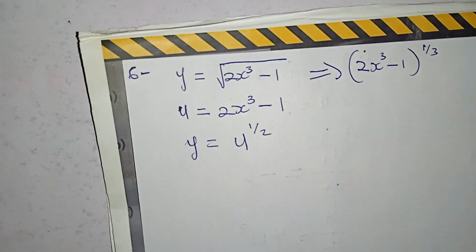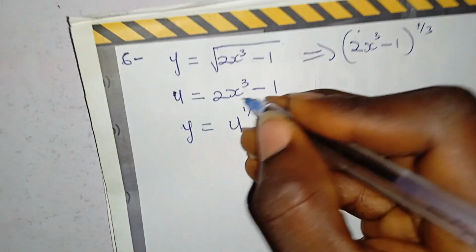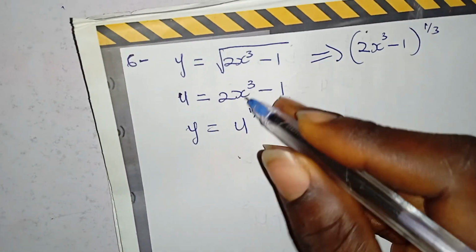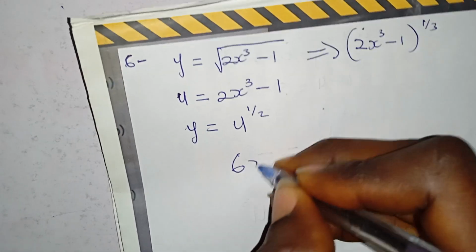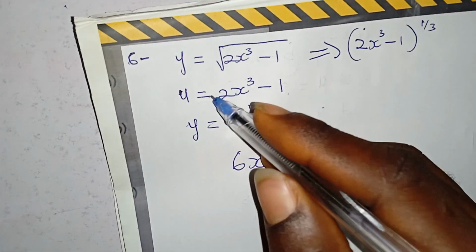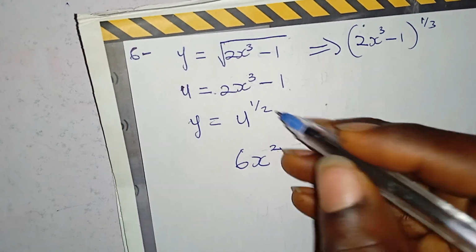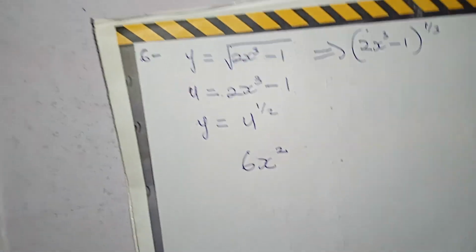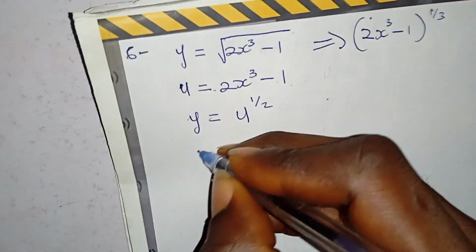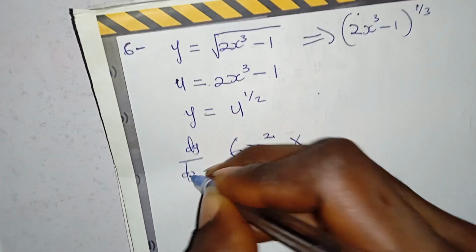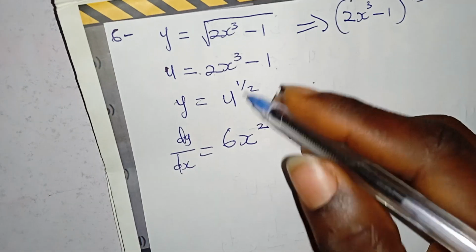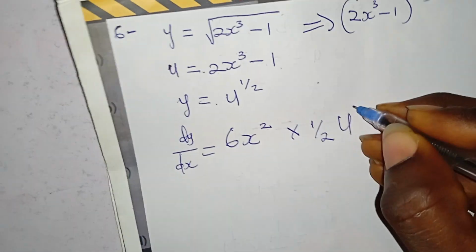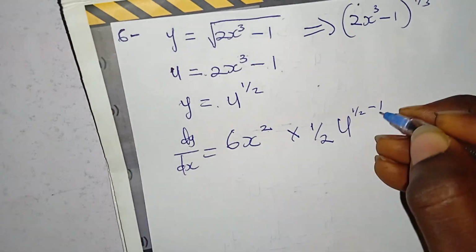Now if I've done this, I'll differentiate this, and differentiating this is simply the same as saying carry this, come here, I have 6x squared. Coefficient times is 6, subtract 1, constant is 0. And if I know this, then dy over dx, half comes here, is going to be 1 half u to the half minus 1.